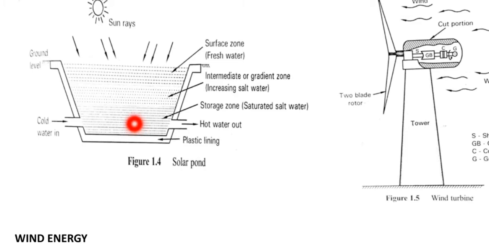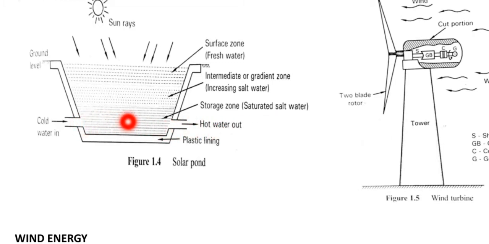Why? Because in the storage zone more salt content is present, and because of that the heated water remains at the bottom. That hot water can be taken through this portion and utilized for the required application.